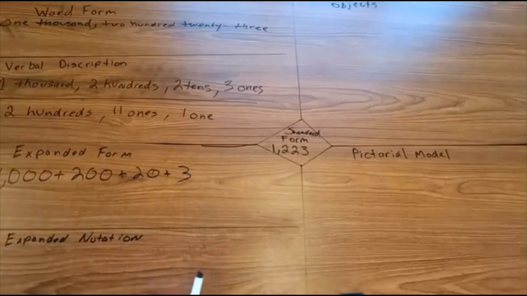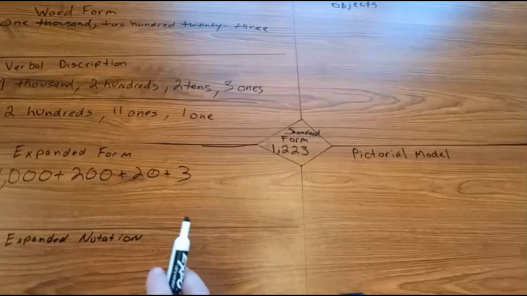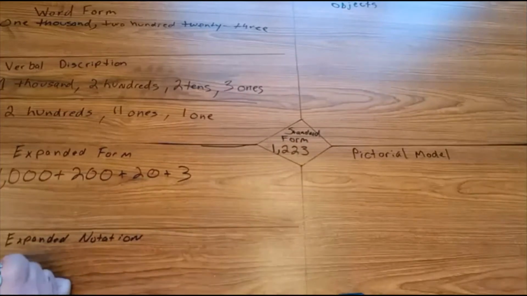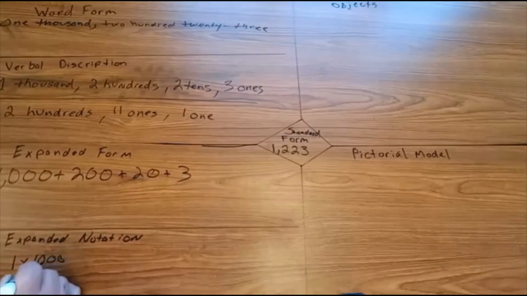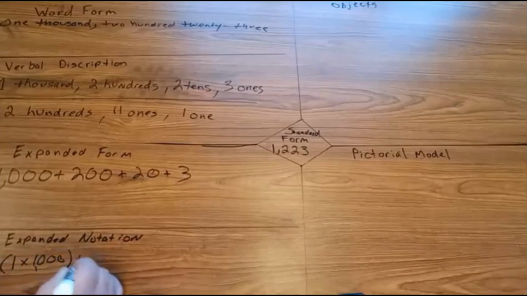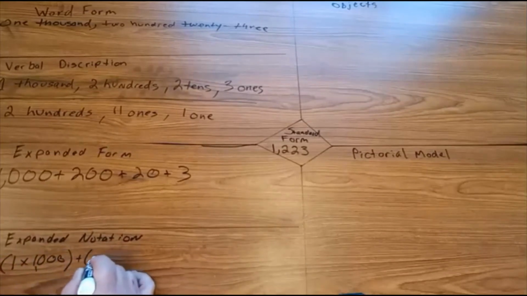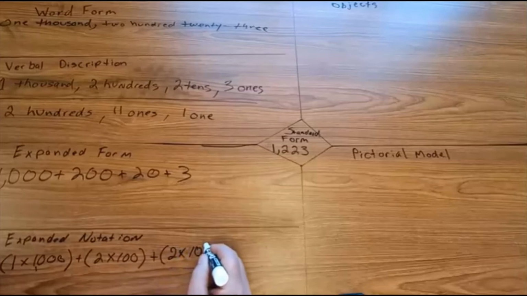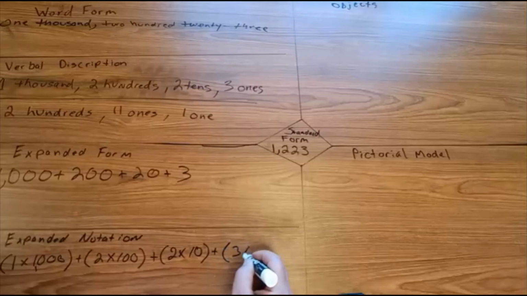Expanded notation. Expanded notation is pretty similar. We use addition and multiplication. So I'm going to write the digit, and then I'm going to multiply it by its place value. So expanded notation for 1,223 would be 1 times 1,000, and I put that in parentheses, plus 2 times 100, plus 2 times 10, plus 3 times 1.